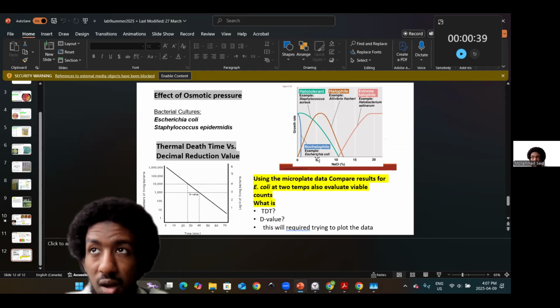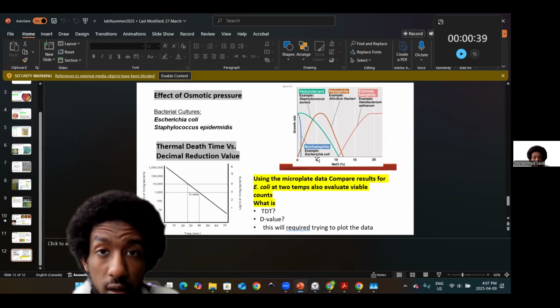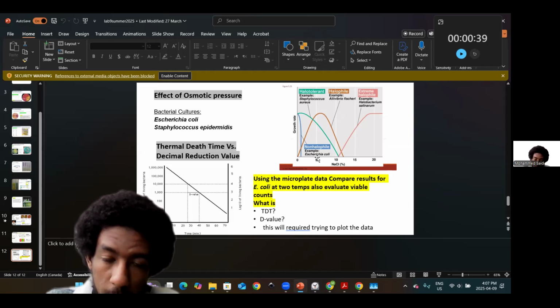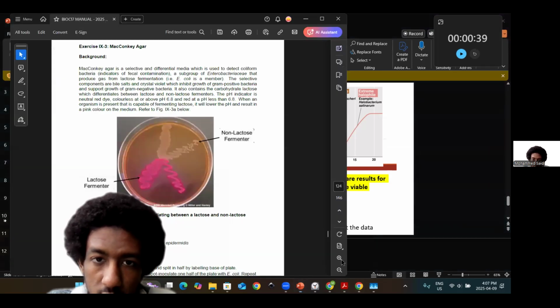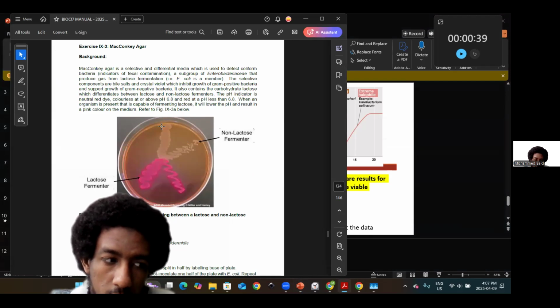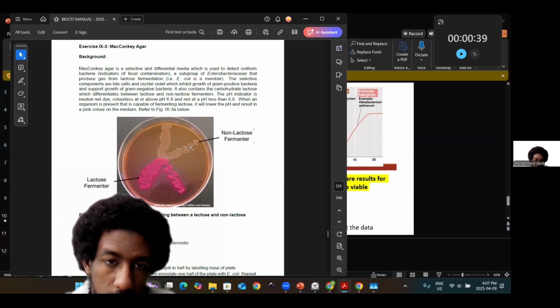And so the integrity of your bacteria is now in jeopardy for gram-positive ones. So that's where gram-negative bacteria persist.